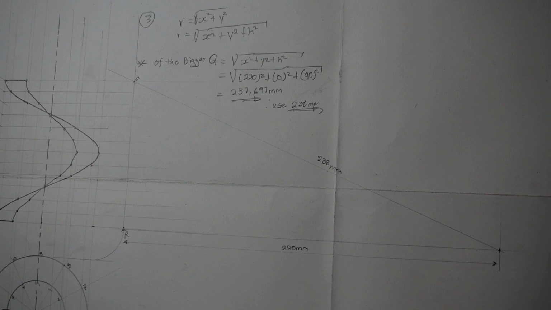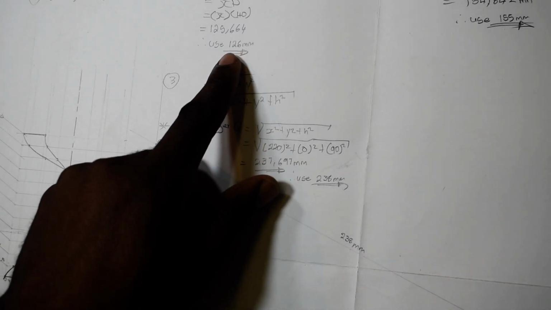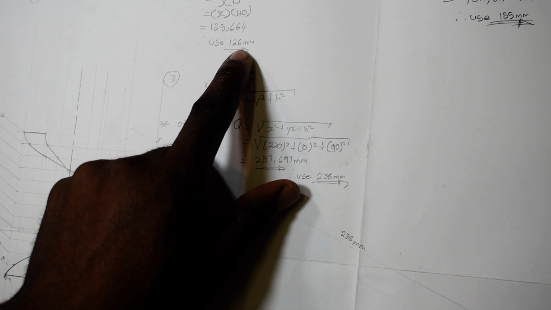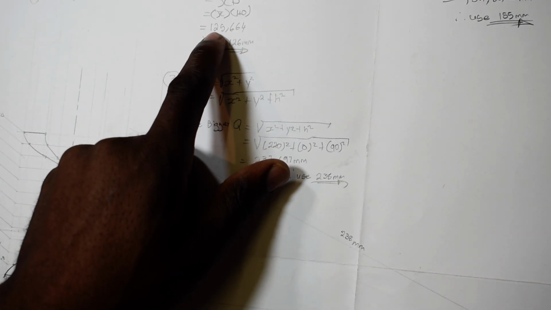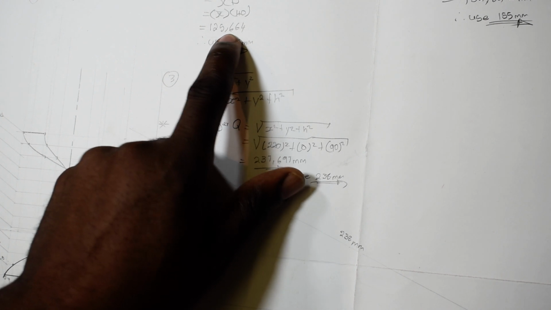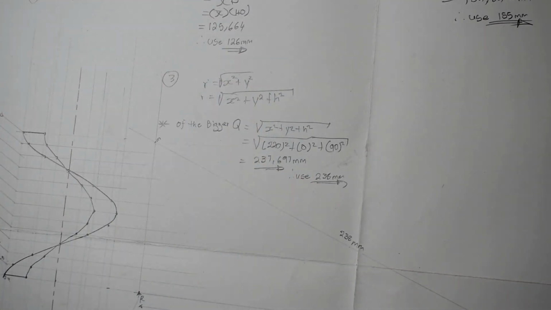Of the bigger cycle. So now let's go to the smaller cycle. The circumference of the smaller cycle, first we calculated it. We got how much? 126. I remember, because it was 125.6, so round it off to 126.